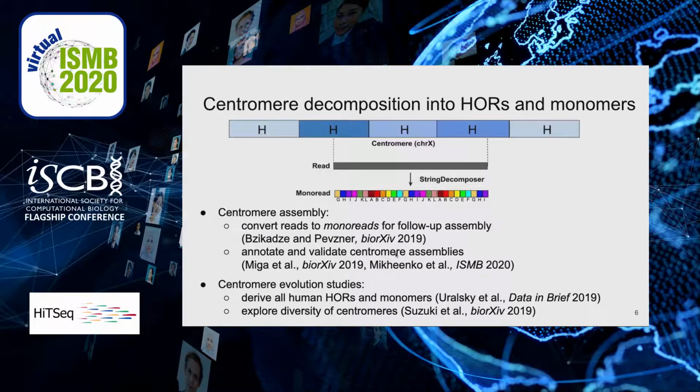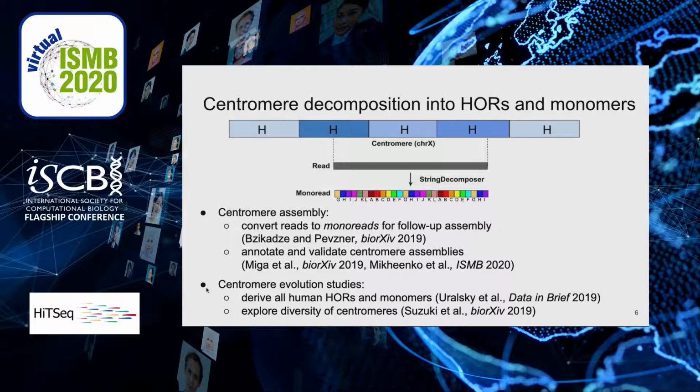Here we present a string decomposer algorithm that takes the set of monomers and long error-prone read and partitions this read into monomers, converting it to monoread. The accurate solution to this problem is highly important to perform centromere assembly using monomeric reads and to annotate and validate new centromere assemblies on structure level.